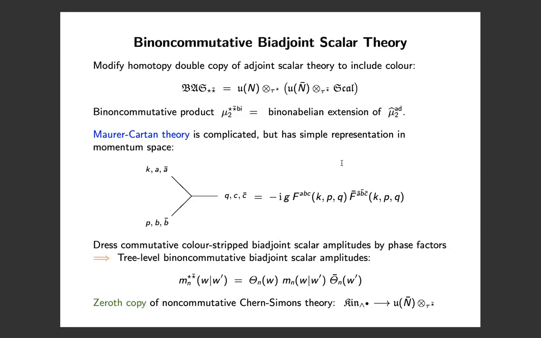So this non-commutative biadjoint scalar theory is the non-commutative version of the zeroth copy theory. In particular, you can easily see in the case of Chern-Simons that the zeroth copy theory in the space of these non-commutative theories is just this non-commutative biadjoint theory, which again I stress is some new theory, and it's a highly non-trivial theory, even though it acts like the identity.